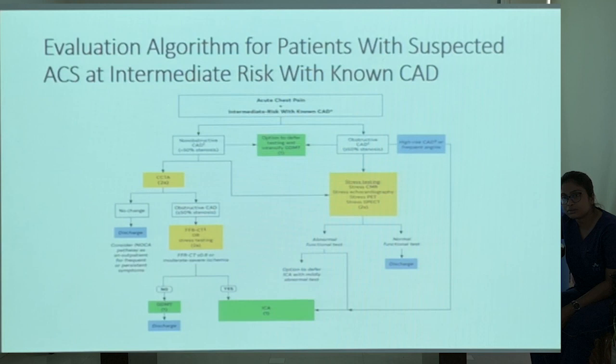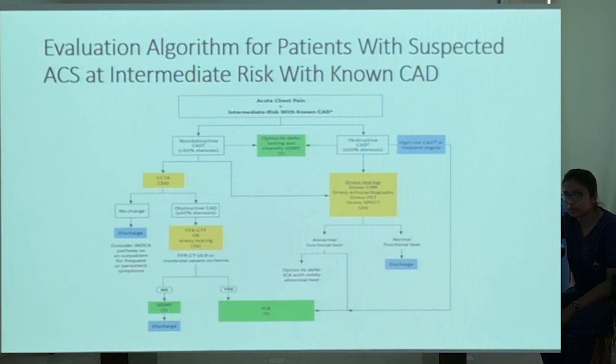For the rest of the house, the meaning of FFR is basically fractional flow reserve, which is a ratio of the present flow in the stenosed artery to the flow in the artery if it was not stenosed, in the maximal hyperemic state. So, normal artery fully dilated, the flow you calculate, and the present flow you calculate.